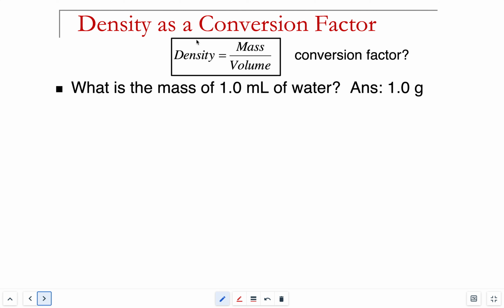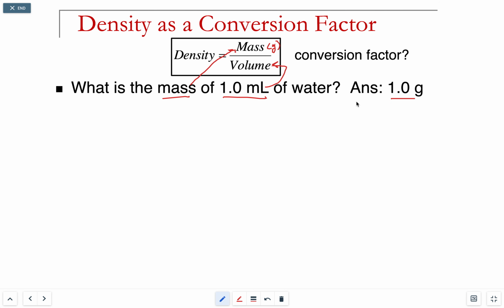So this measurement is volume, and we're asking, what is the mass in grams of that? Well, if you measured out 1.0 milliliters of water and went to weigh it on a balance, this is the answer you would get.